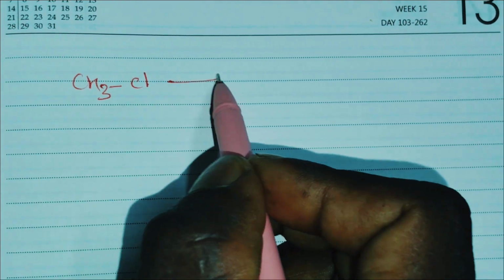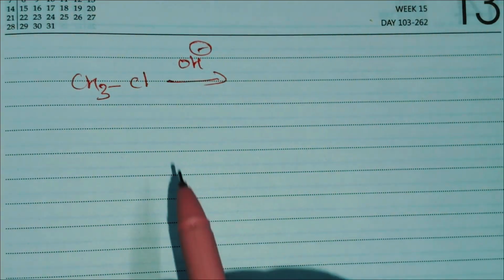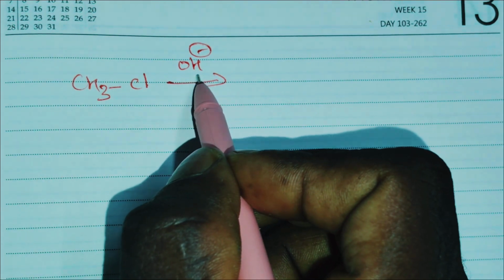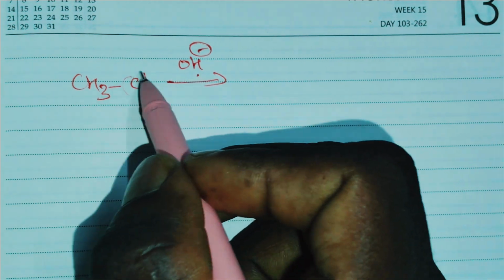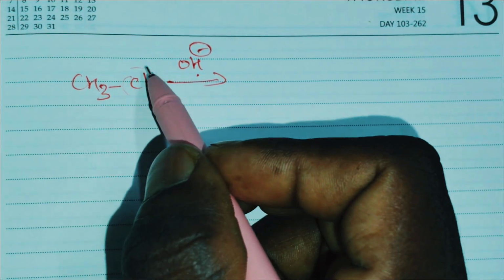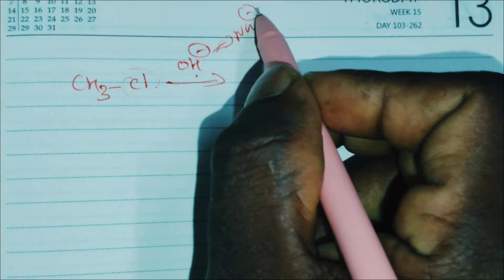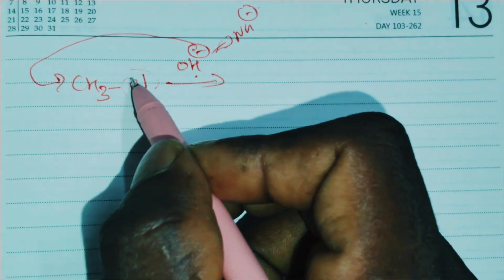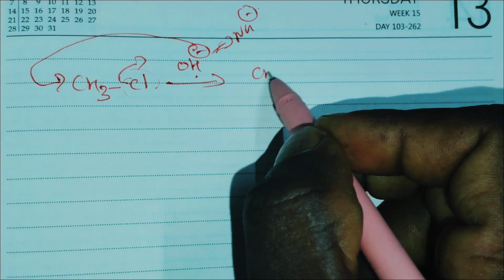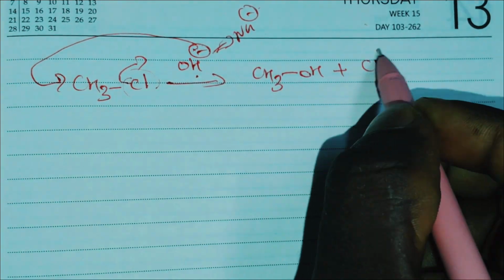Take CH3Cl in the presence of OH minus. Now this OH minus can replace the chlorine; the chlorine is replaced by OH minus. So this is the nucleophile. It attacks here, and the Cl is removed, so we get CH3OH plus Cl minus.